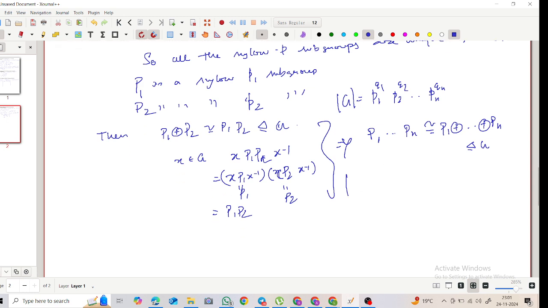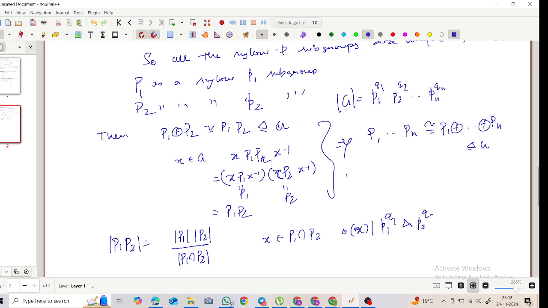But what is the cardinality of P1 to Pn? What is the cardinality of P1 P2? Tell me. This is cardinality of P1 into cardinality of P2 divided by cardinality of P1 intersection P2. Now what Shubrita was saying, that if x belongs to P1 intersection P2, then order of x should divide p1 to the power q1 and p2 to the power q2, right?